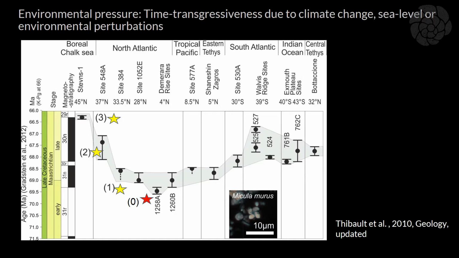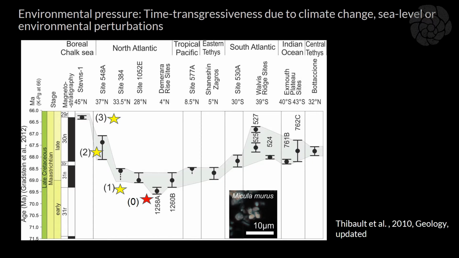So if you take this uncertainty, you can still see that we have at least maybe four distinct events, with a very first occurrence here in the equatorial Atlantic in the top of C31R, then another one within C31N at low latitudes of the North Atlantic, tropical Pacific, and Eastern Tethys, and also in low latitudes of the South Atlantic.